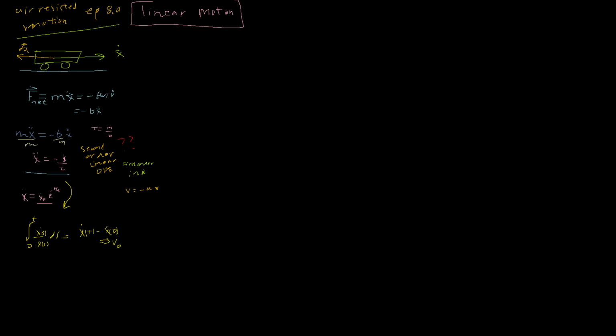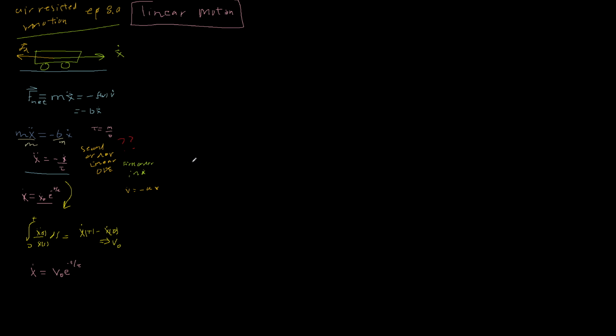We obviously do the same for both sides, but since this is just a constant, we just add a t to that. So we have x dot equals v naught e to the negative t over tau.